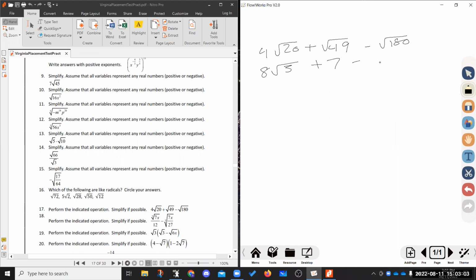And 9 times 20, and 20 is going to give me another 4 comes out as a 2, 3 times 2 is 6. So now I'm going to have 8 root 5 minus 6 root 5 plus 7, give me 2 root 5 plus 7, and I usually write roots last, so 7 plus 2 root 5.